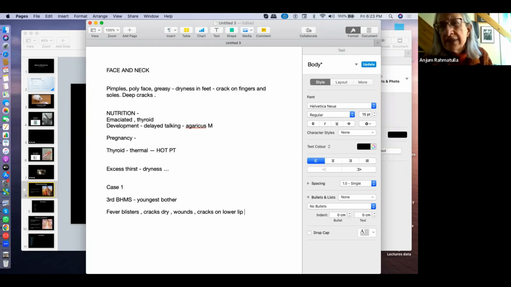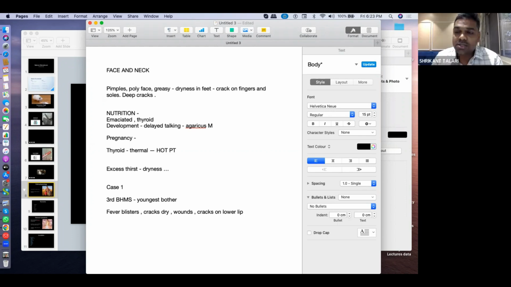How would you know that there are cracks in the anus? The patient generally knows. They say I have pain or there are cracks over there. It hurts when you pass the stool.